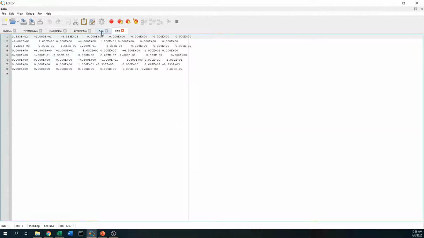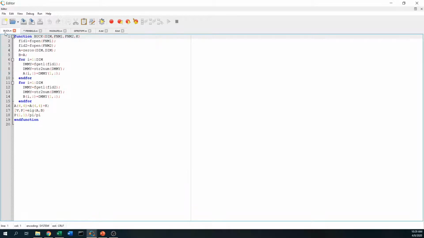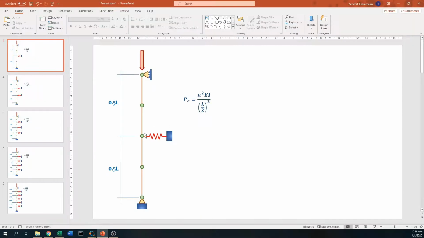I have the A and the B, and then I create a sort of easy buckling analysis root function. I name it buck dim. It takes file name 1, file name 2, and K, which is the spring stiffness that is applied to provide the lateral restraint at the midpoint.